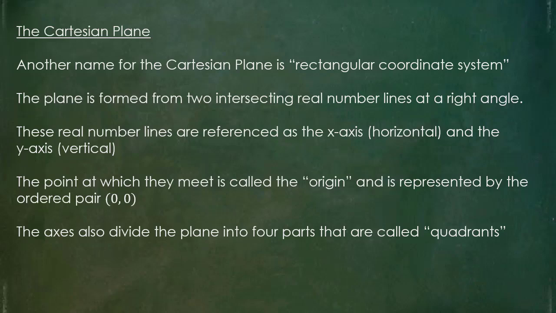Where those two axes meet, we call that the origin and represent it with the ordered pair (0, 0). The axes also subdivide our plane into 4 parts that we call quadrants and are numbered in a specific way that we'll see on the next slide.